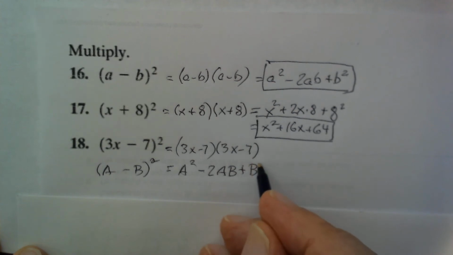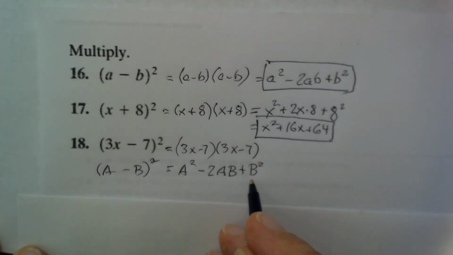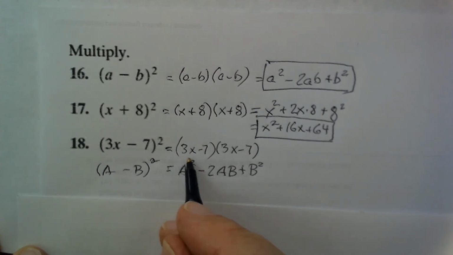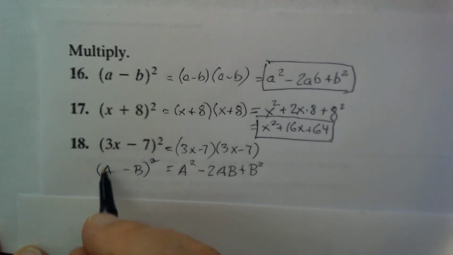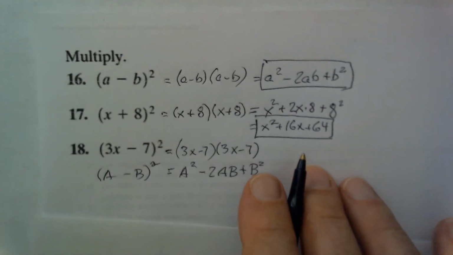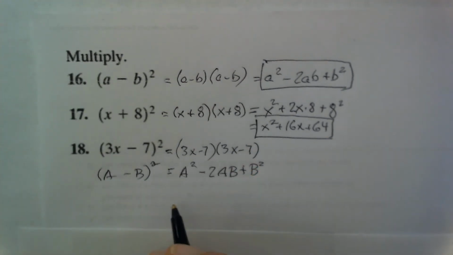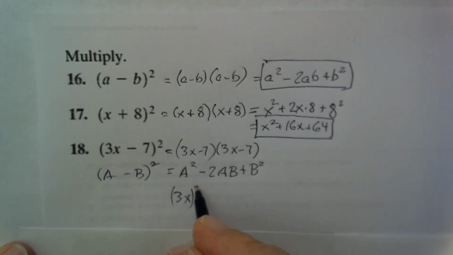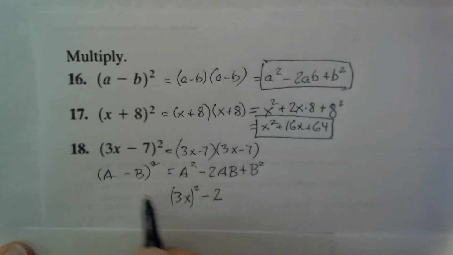Okay, so what do we have instead of a? Instead of a, we have 3x, right? The a corresponds to 3x. So when we simply substitute 3x for every a that we see, we get 3x, but again, we need to put in parentheses, squared, minus 2 times, what was a? A corresponds to 3x.